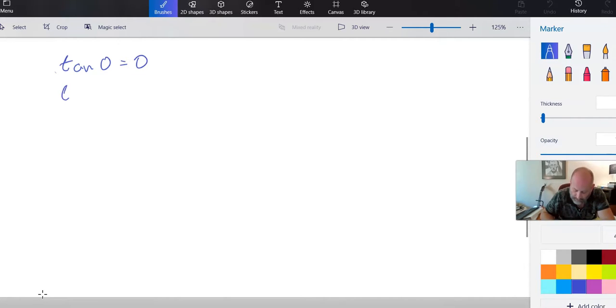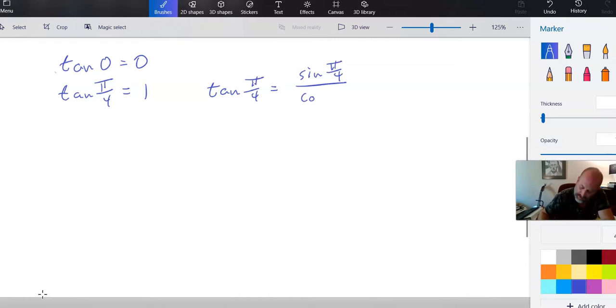At pi over 4, I know it has a value of 1, right? Because pi over 4 is where sine is equal to cosine. If you wanted to work that out, you can always just look at the value of tangent of pi over 4 as sine pi over 4 divided by cosine pi over 4.